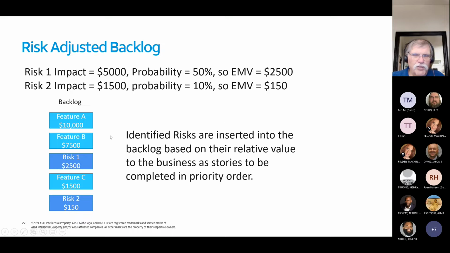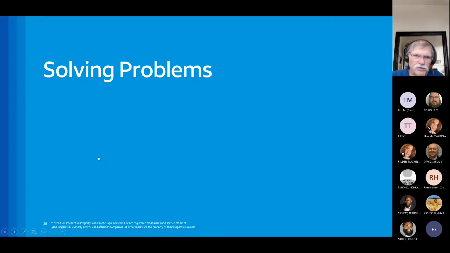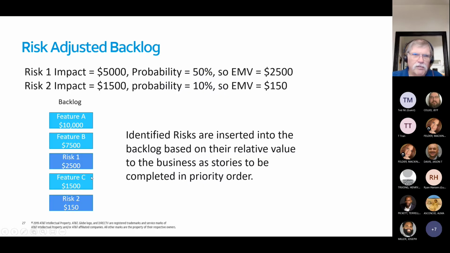We fit those mitigations into the backlog in the appropriate position so that we have a progression from highest impact down to lowest impact. Okay, all the way from feature A down through risk 2.